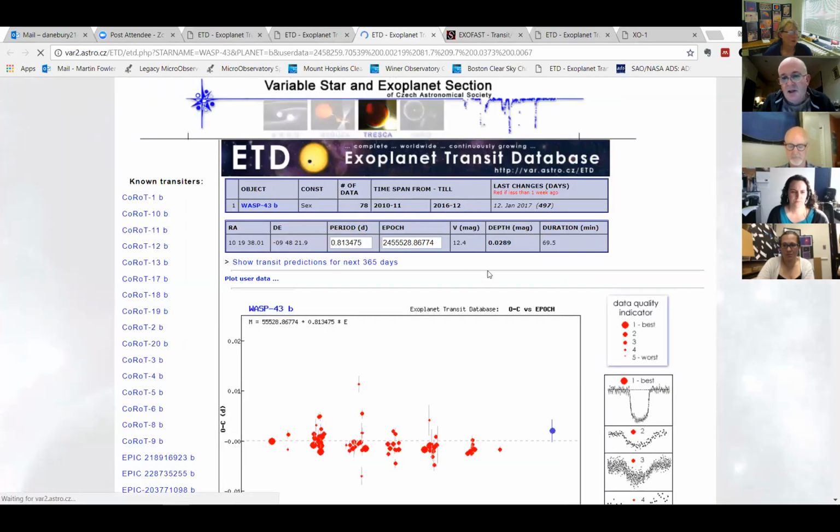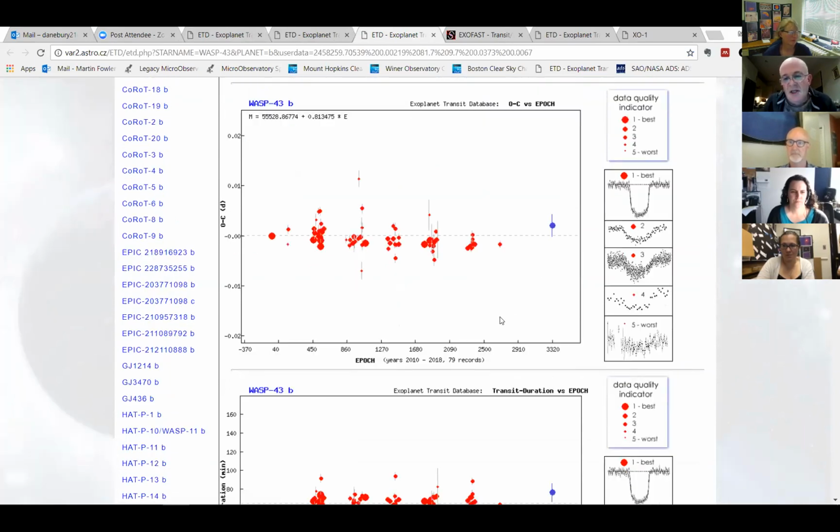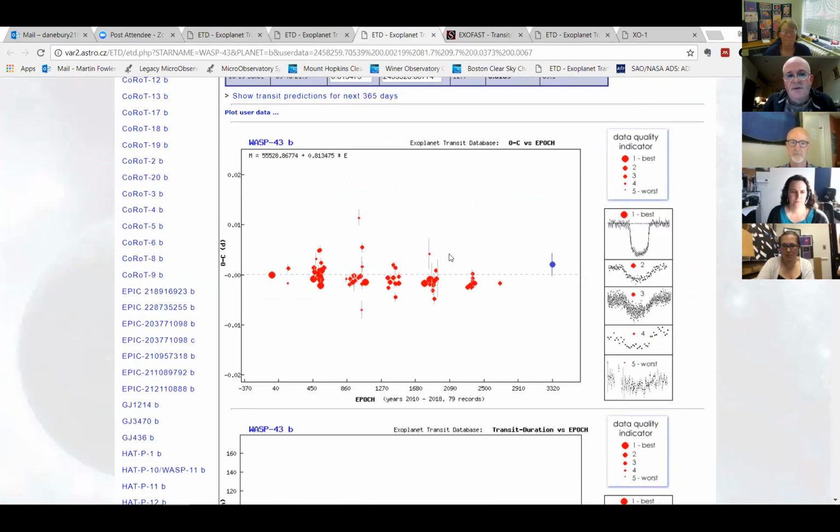And the key thing that can come out of this is that you can get a series of plots. The first here, so these are all the data, 79 records that have been captured mainly by amateur astronomers for WASP-43. What you have is the epoch. So this is the increasing number of orbits of the planet around the star.